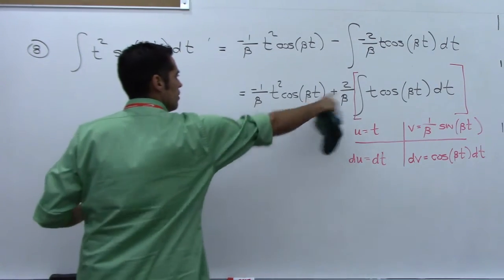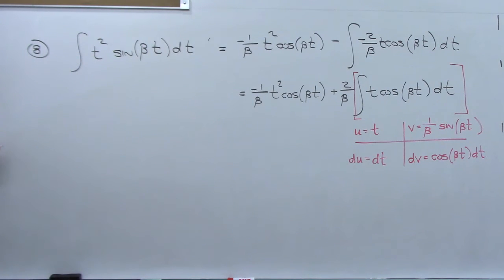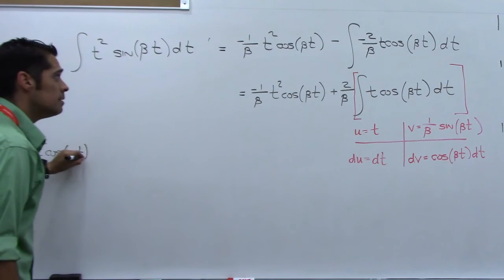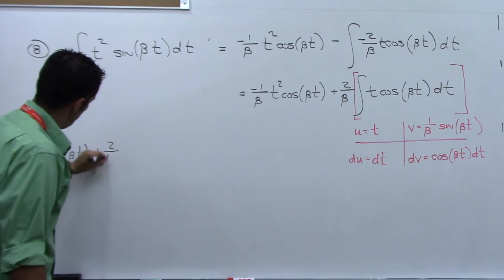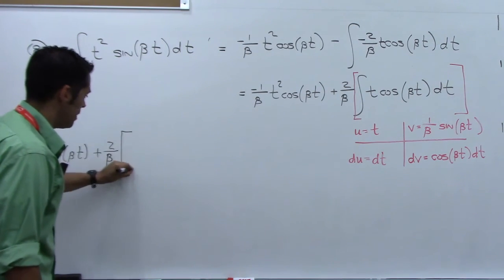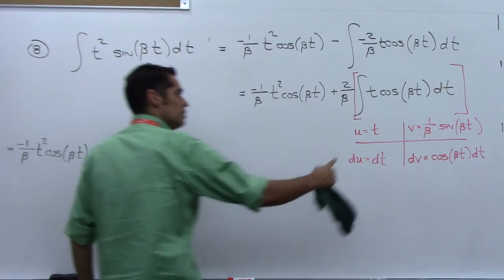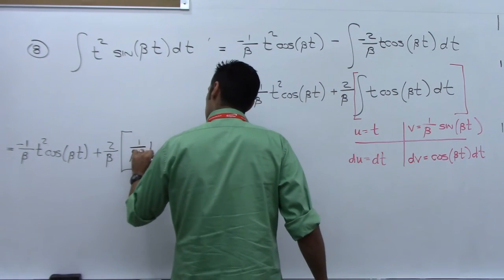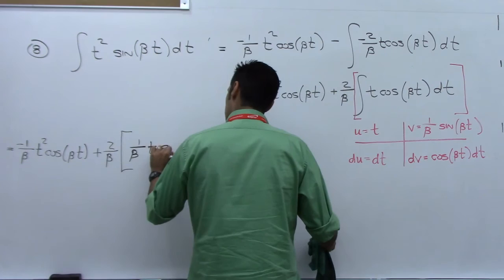So right here, this is equal to negative 1 over beta t squared cosine beta t plus 2 over beta, and then here comes my new ultraviolet minus voodoo. So ultraviolet is this times this, so 1 over beta t sine beta t.